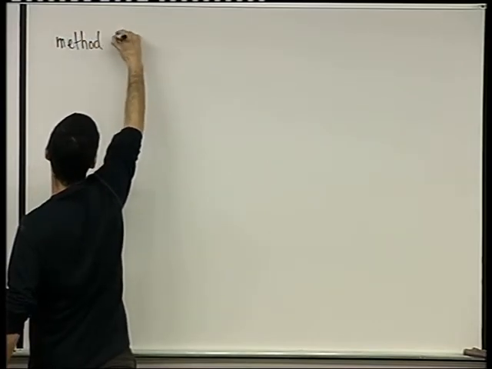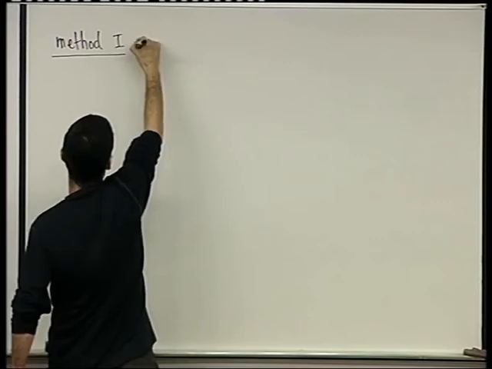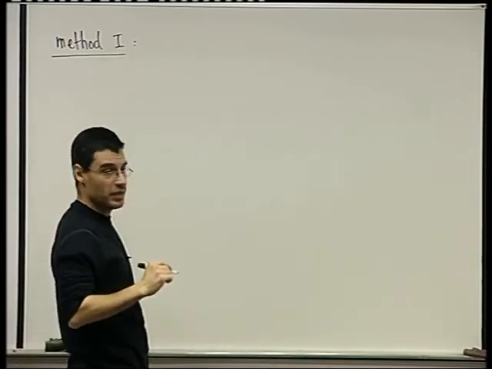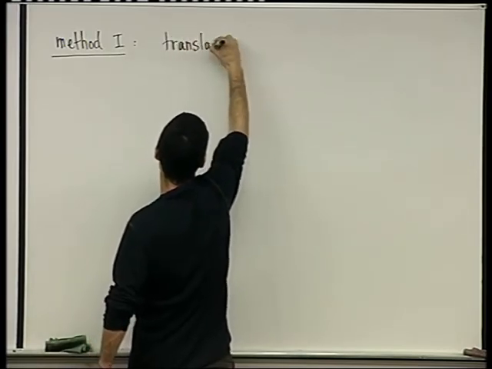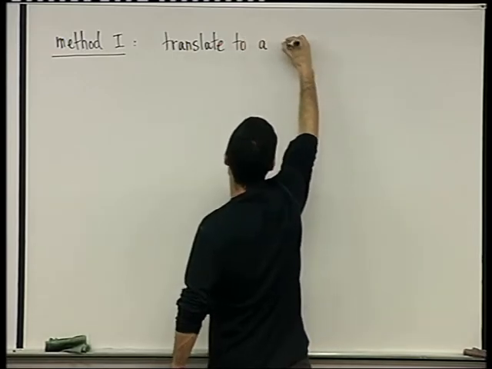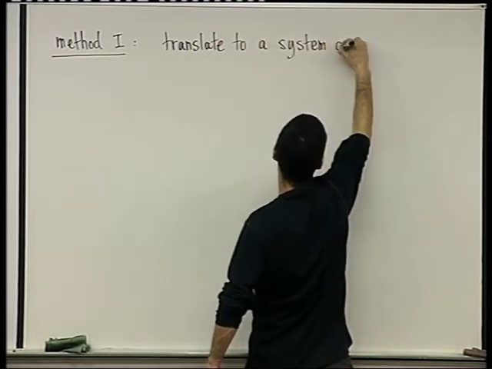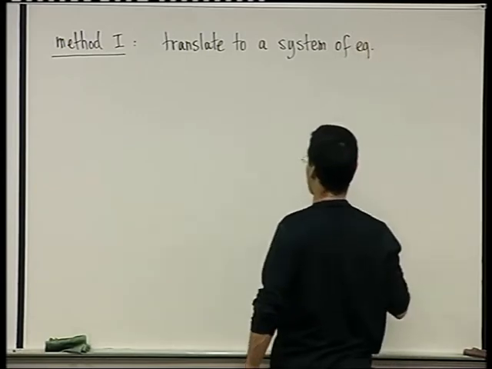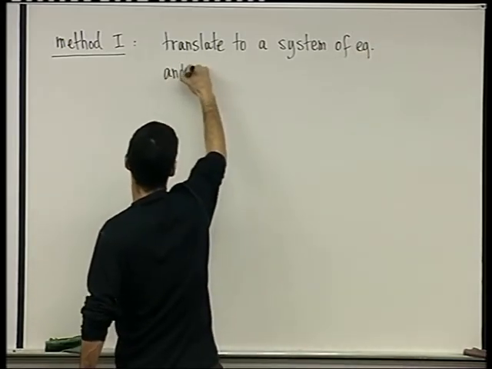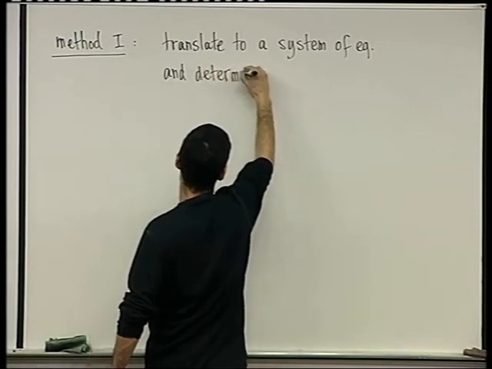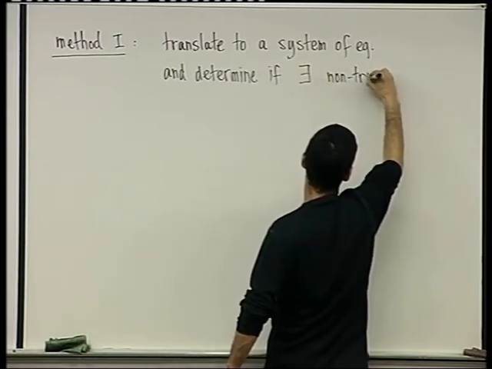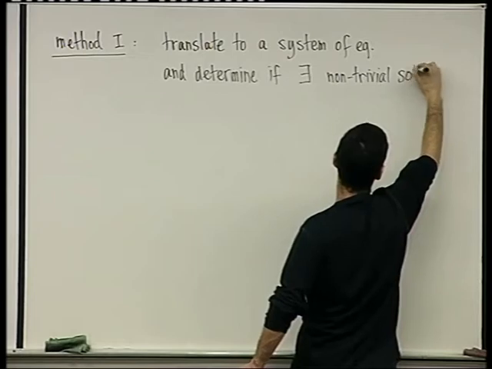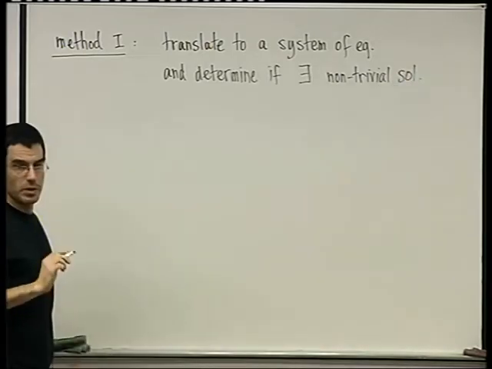Method one, which we just did, for determining whether a set of vectors is linearly independent or not: translate to a system of linear equations, and determine if there exists a non-trivial solution. Good? That was method 1.